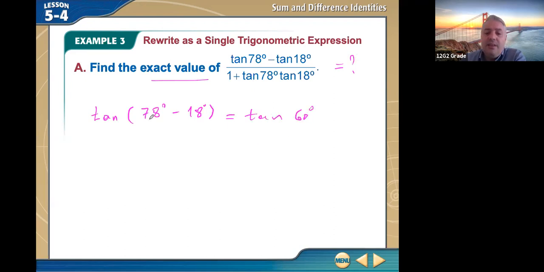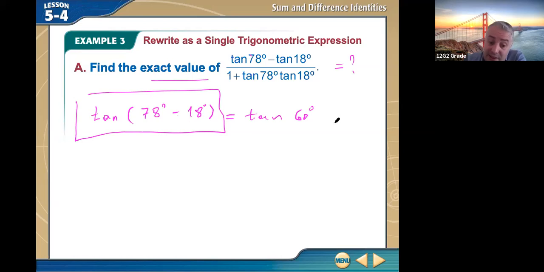If I ask you only this, find the result, what are you going to say? Tangent 78 minus tangent 18 over 1 plus tangent 78 times tangent 18. This is the formula.